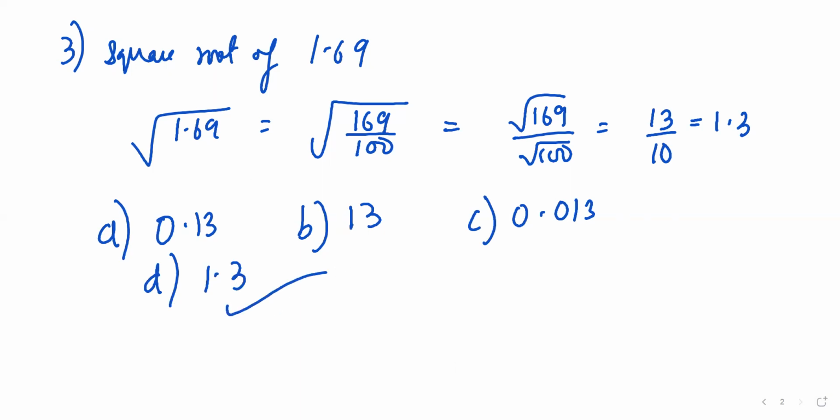So obviously the correct option, it's confusing, isn't it? When you look, all of them look like 1, 3, 13. But be careful here, children. The correct option is option D, which is 1.3. You have to report it as, question number 3, correct option is D. You might have to write it like this. Okay. Let's move on.